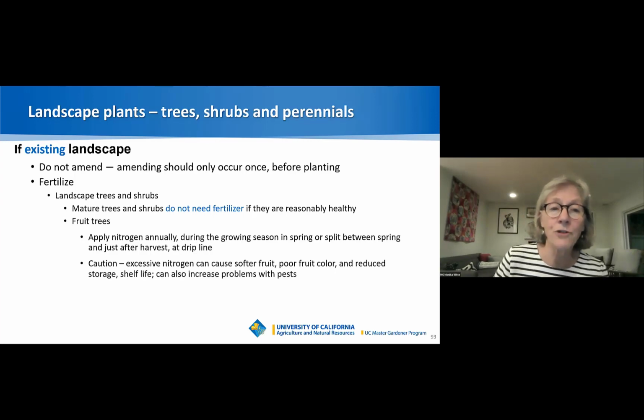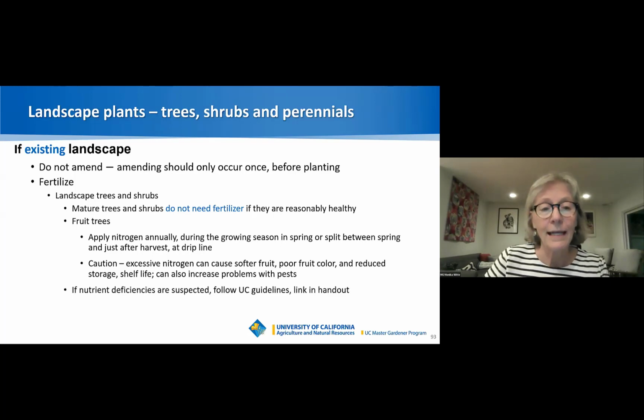You want to apply nitrogen annually during the growing season in spring or split between spring and just after harvest at the drip line. And be careful, again, too much nitrogen can cause softer fruit, poor fruit color, and reduce storage and shelf life, and also increase problems with pests. So follow the package directions. If nutrient deficiencies are suspected, follow the University of California guidelines.